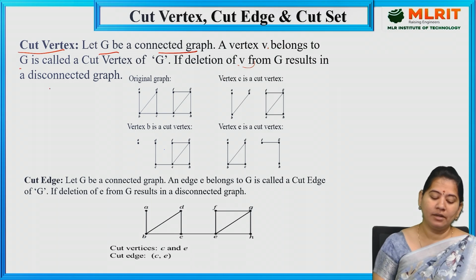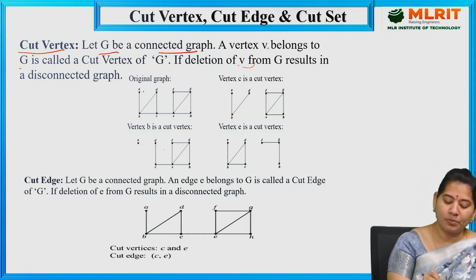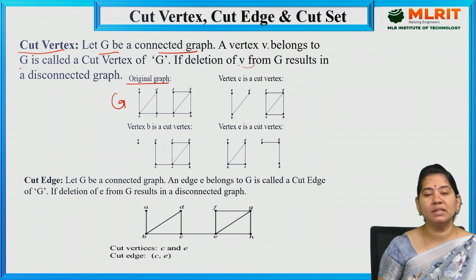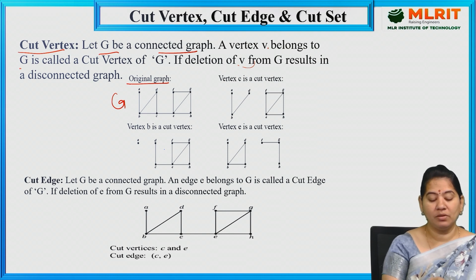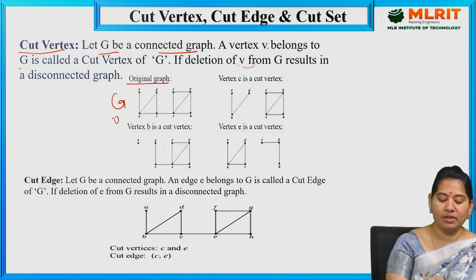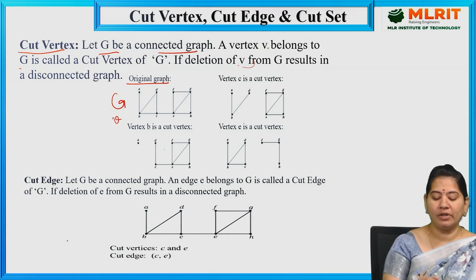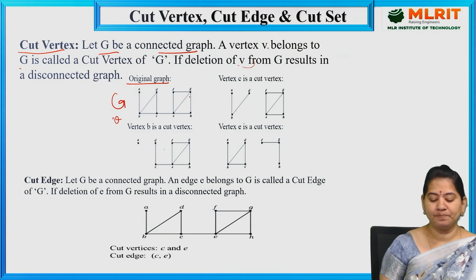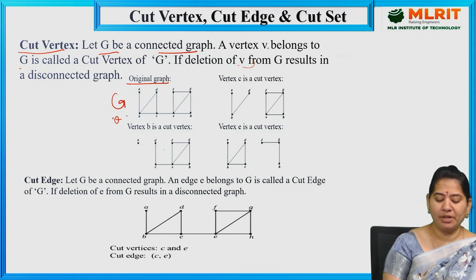So let us try to understand. Suppose this is the original graph, which I am denoting symbolically with capital G, and whatever vertices we have, A, B, C, D, E, F, G, H, I am denoting with V. This vertex belongs to G only.